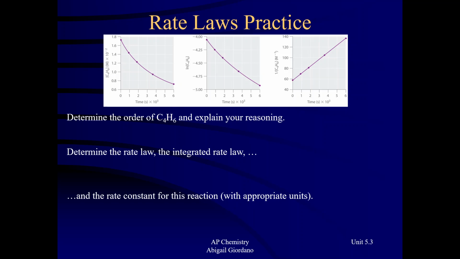If we look at the graph on the right, 1 over molarity, it is straight, it is linear. So I said that C4H6 is second order, and guys, you have to explain your reasoning because the graph of 1 over molarity versus time is linear.